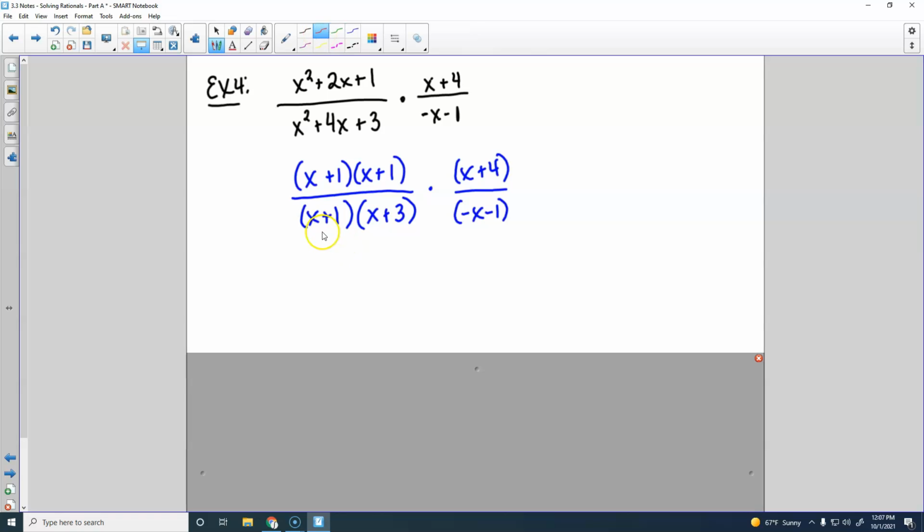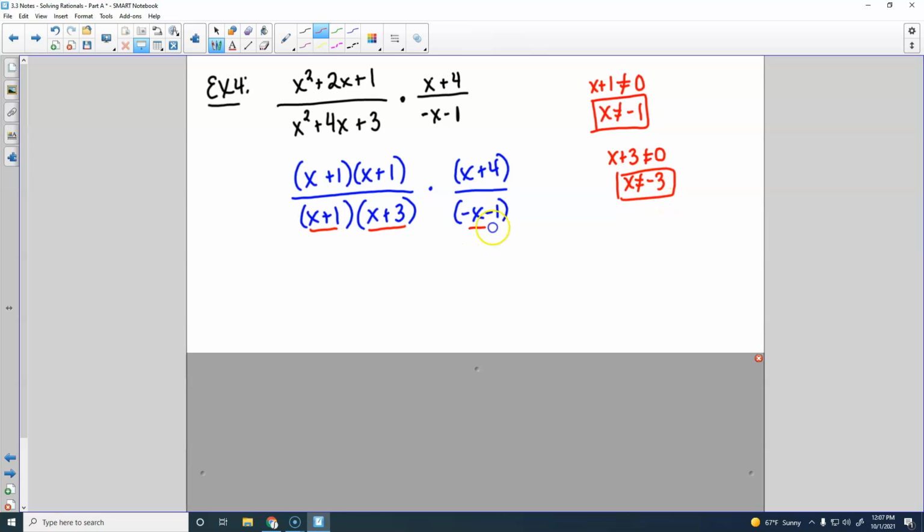So x plus 1 is in the denominator, so it cannot equal 0. So that means, of course, that x cannot equal negative 1. You don't have to show the work from that. You can just list them if you want. But I just want to try to be very clear about what we're doing here. x plus 3 cannot equal 0. So that's going to be x cannot equal negative 3. So we got an excluded value here, an excluded value here.